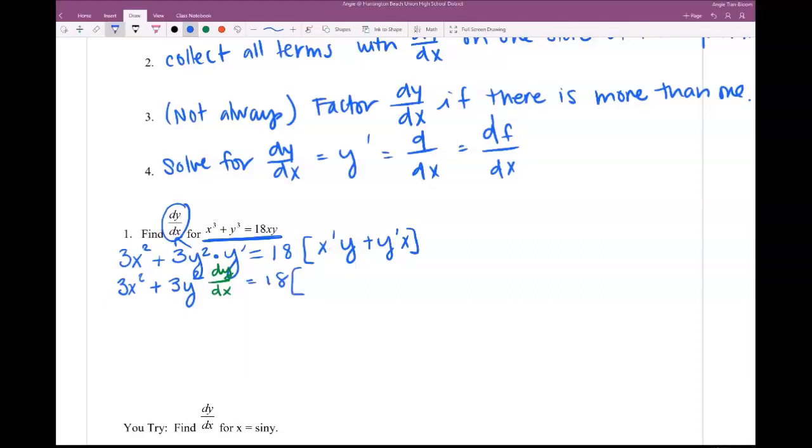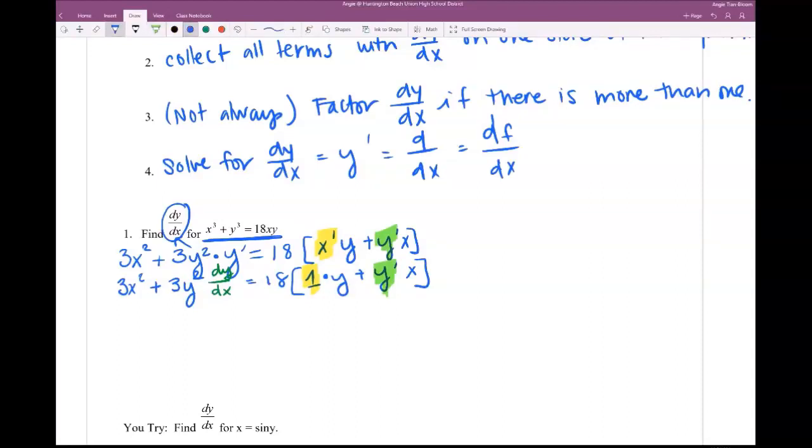So the derivative of x is 1 times y plus y prime times x, okay? So that's the difference between these two. So let's go back and check. See this right here? The derivative of x is 1, but the derivative of y maintains as a y prime because we are taking the derivative with respect to x, okay?